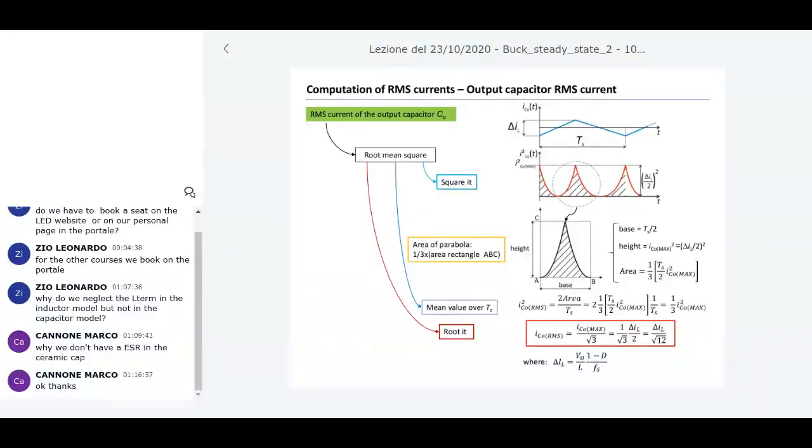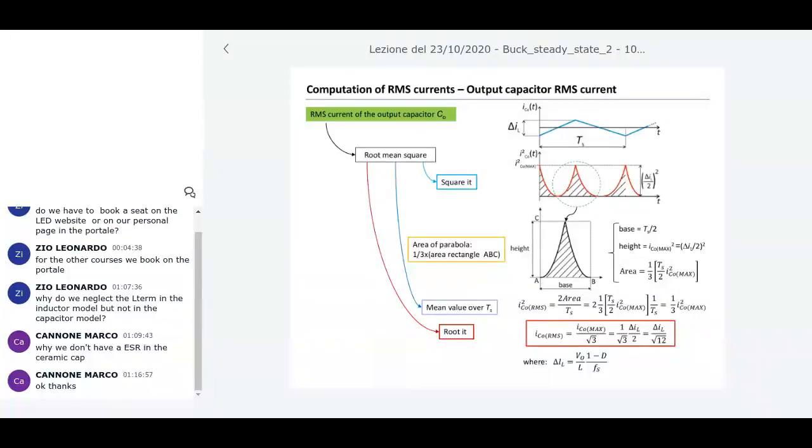So, in all this discussion about the real components that you can use in your power converter, it should be quite clear that we have not only to compute the nominal current, for example the peak value or the peak-to-peak value of the inductor current, or estimate the inductance as I said before.